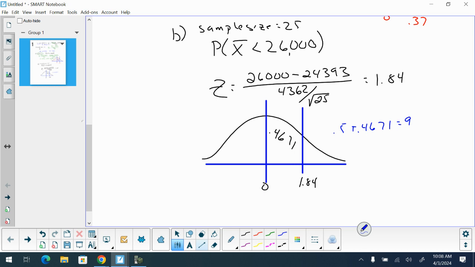So we have a 96.71% chance that it will be less than the $26,000. We have more certainty to that. The reason why we have more certainty to it is the law of large numbers. We have more people that we're putting together. So if we have more people put together, we have more certainty to the value at that point.